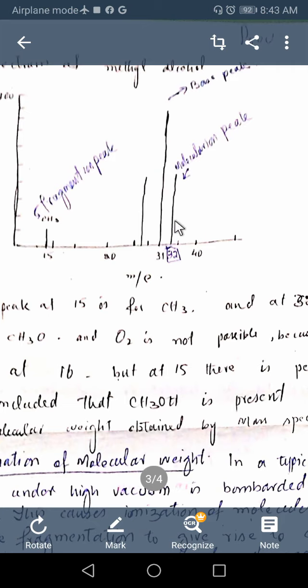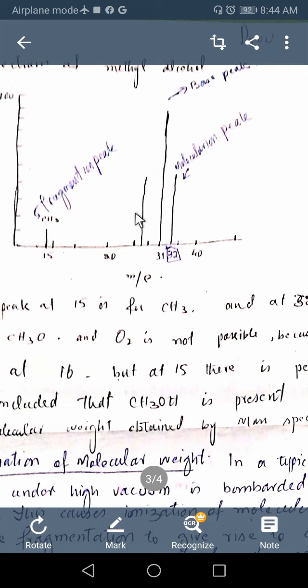The peak of the highest M/E, except that of the isotopic peak, is called the molecular ion peak. The peak of the highest intensity, or tallest peak, is called the base peak. And these are the fragment ion peaks which are present here.